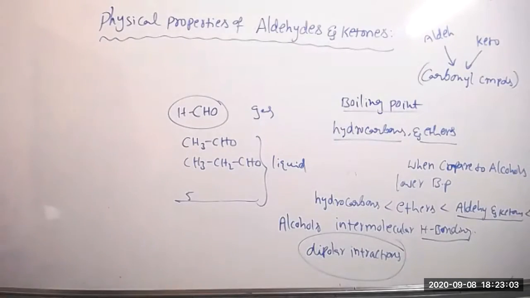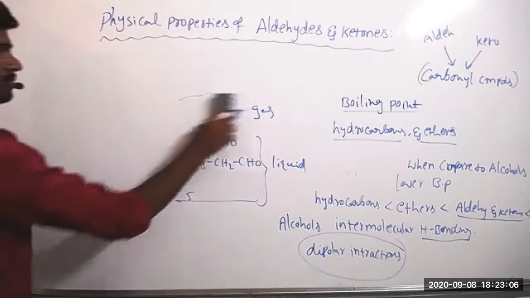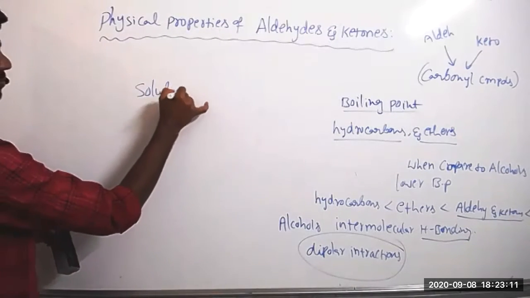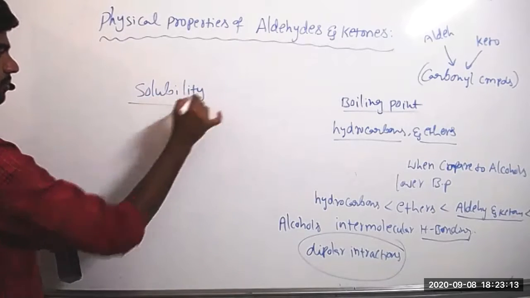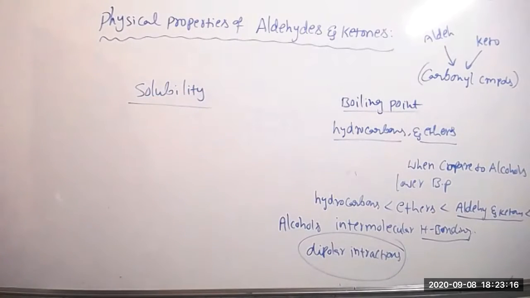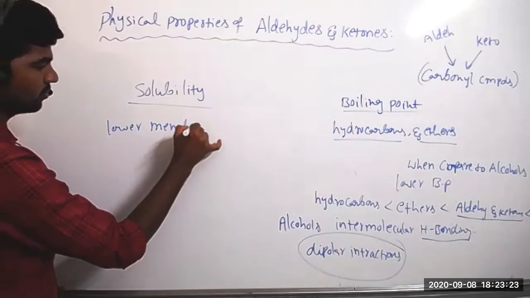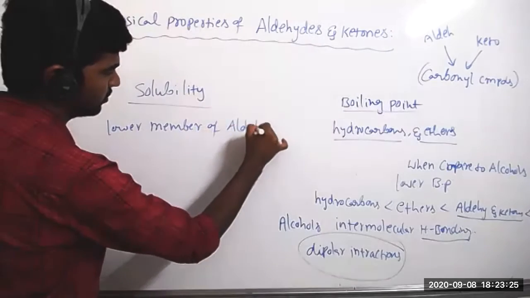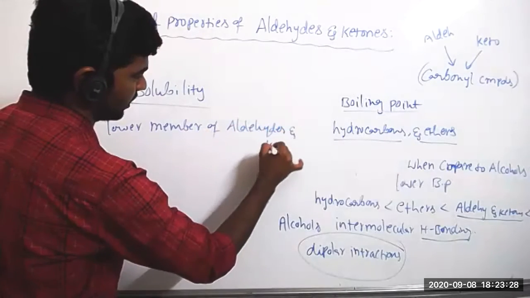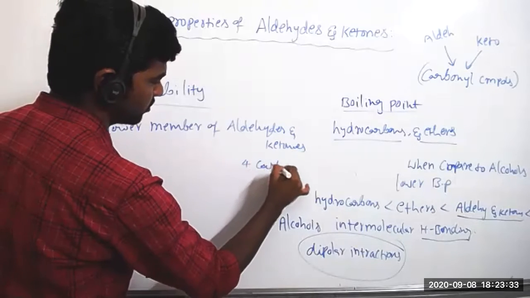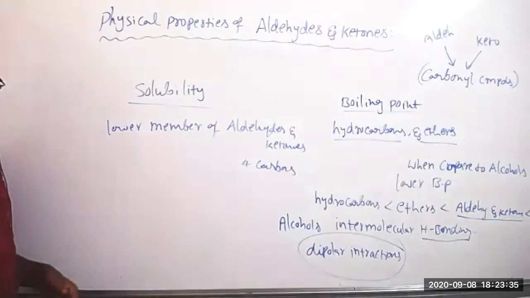Next, about solubility. The lower members of aldehydes and ketones, those having up to 4 carbons, are easily soluble in water because they can form hydrogen bonds with water.